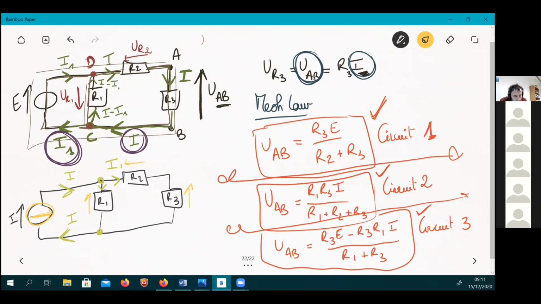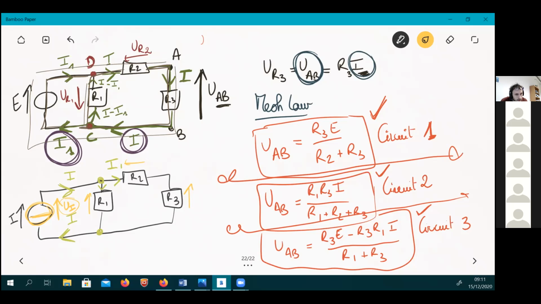It's written like this, which means that it's delivering a current in this branch, but this generator also has a voltage in between its terminals, which I'm going to call UI. So this UI is an unknown.